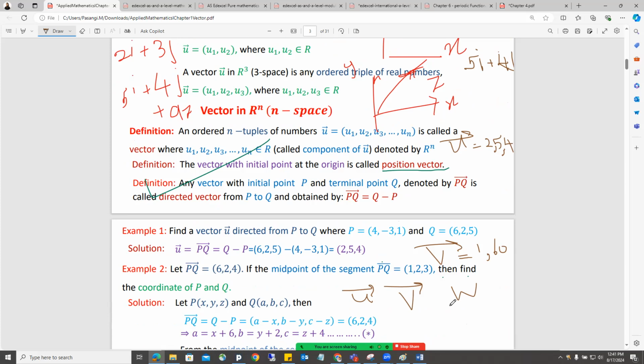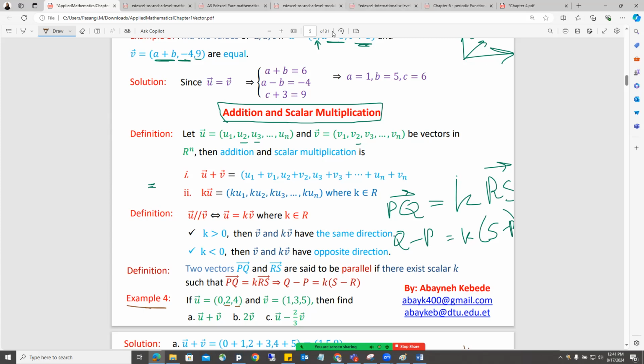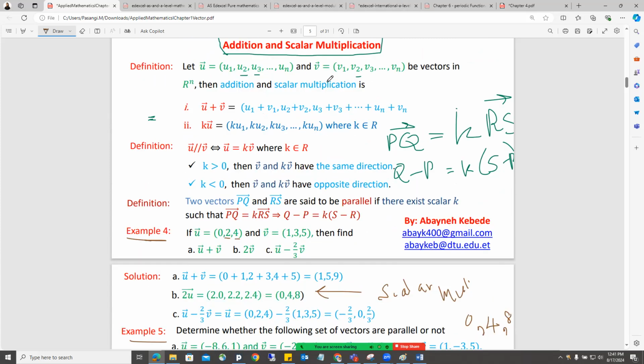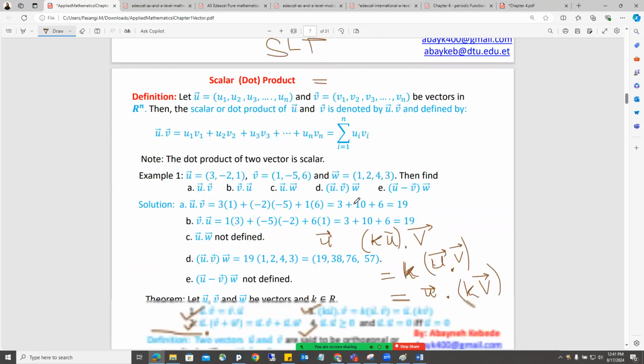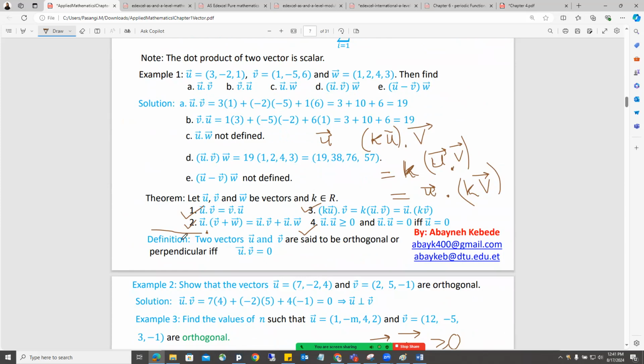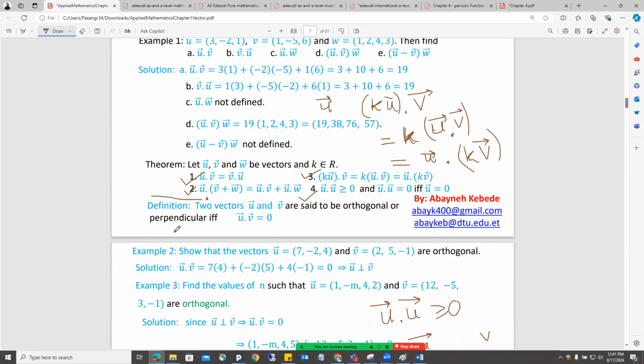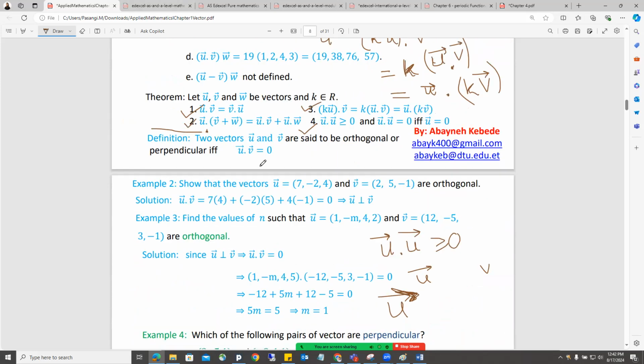Okay. So here now we are going to learn a definition. For the entire chapter we are going to talk about these vectors.